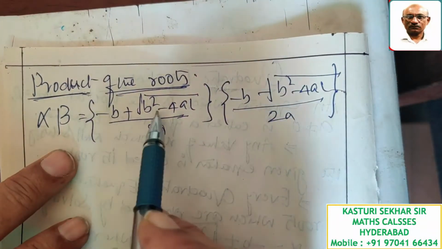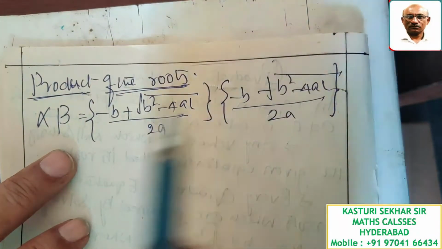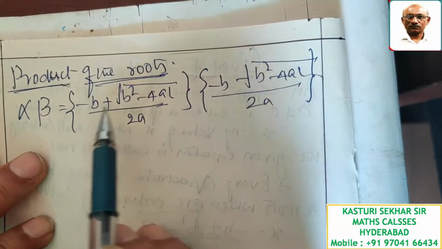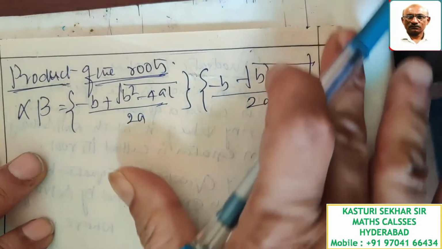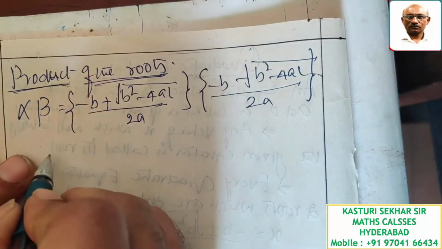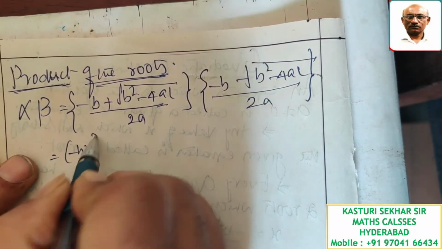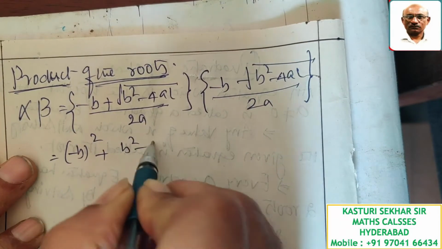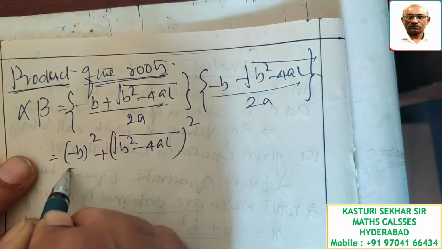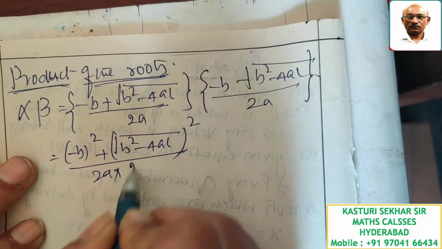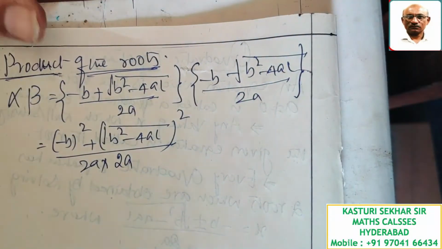So look at this: this is of the type a plus b into a minus b, which can be written as a square minus b square. So minus b whole square, divided by 2a into 2a.